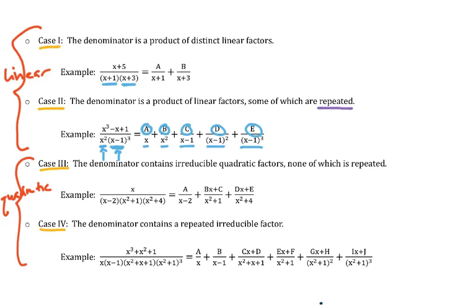So what we mean by that is x squared + 1, for example. That is a quadratic factor because it has an x squared term. It's not reducible because x squared + 1 doesn't factor, right? That's basically prime. And the way we handle these quadratic factors is we have to make the numerator 1 degree less than the quadratic factor.